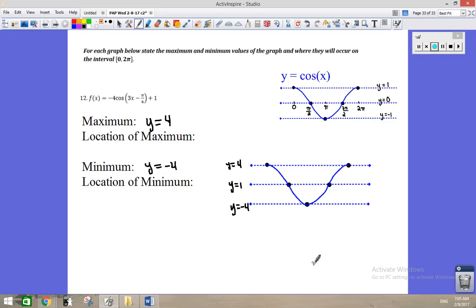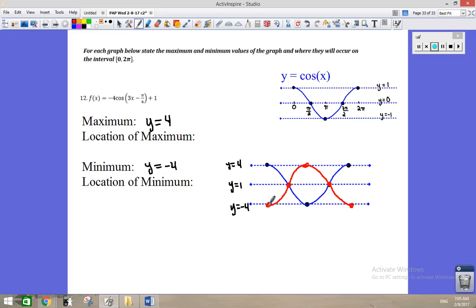Now we have to be a little bit careful, because with this -4, we actually have a reflection of this graph about the center line. So I need to treat its max and mins opposite of what I normally have on the basic parent function, the cosine function.